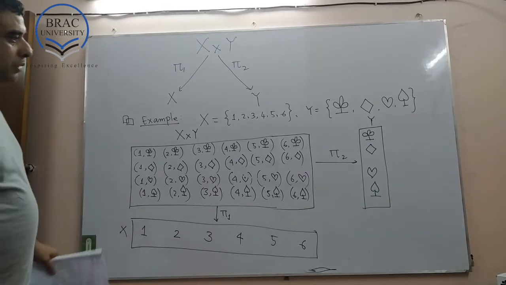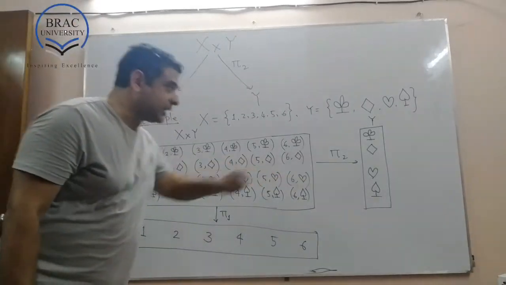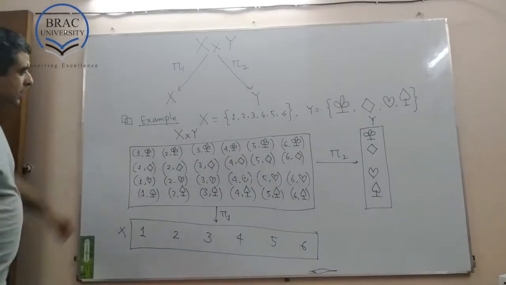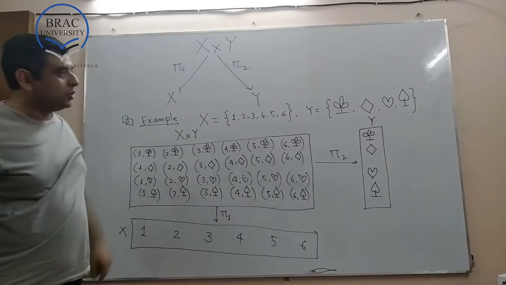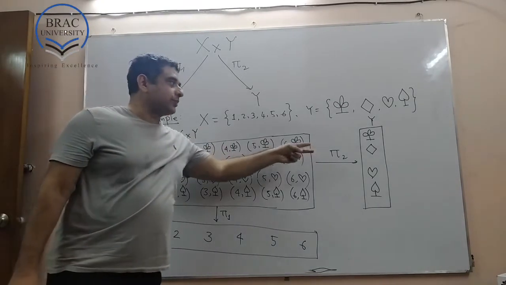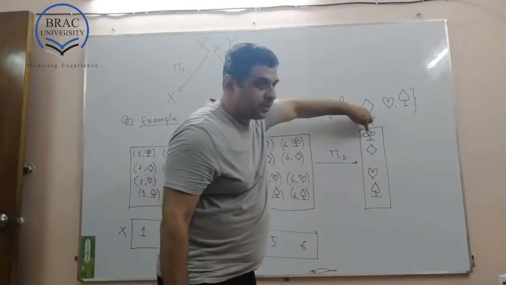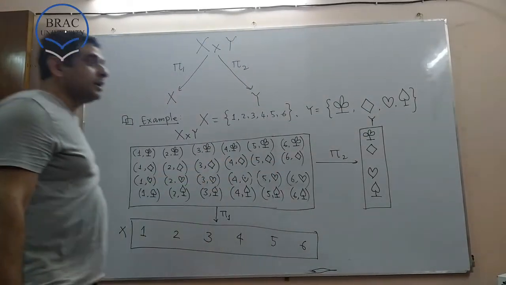So I want you to realize that both these projections are surjective but not injective, because each of the elements in the first row is assigned to a single element club in Y. So it's a many-to-one kind of map.